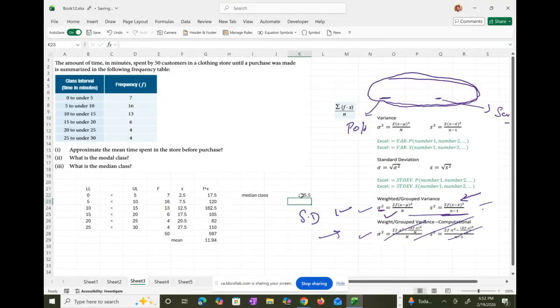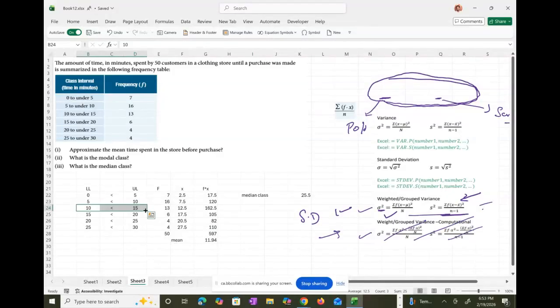So 25, the term between the 25th and 26th term. Where is the 25th term? 7 plus 16 is equal to 23, and 23. So then the 25th term will be somewhere here. So the median class is 10 to 15.